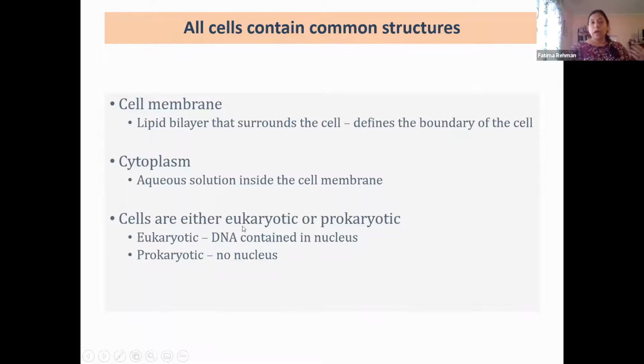Now, cells are going to be categorized either as prokaryotes or eukaryotes. And given an image, you should be able to define which one of those two categories it belongs in. The eukaryotes are going to have the DNA, your genetic information that tells all the instructions to make you who you are, inside a central nucleus that contains it, right? So it has its own little membrane.